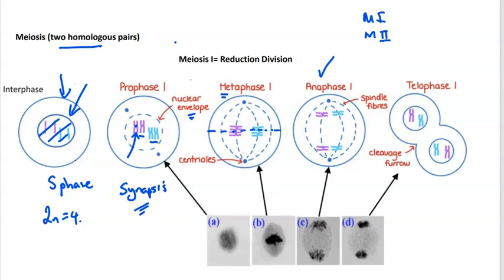So the separation, as we can see here, with separation of each of the homologous pairs, and this particular action is known as reduction division.